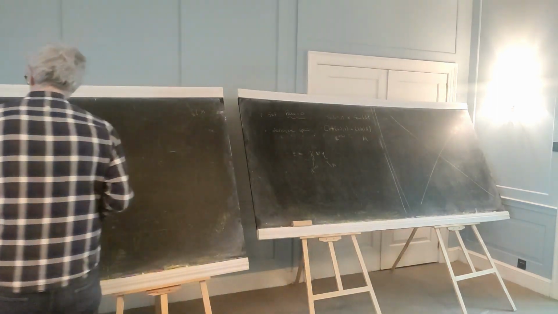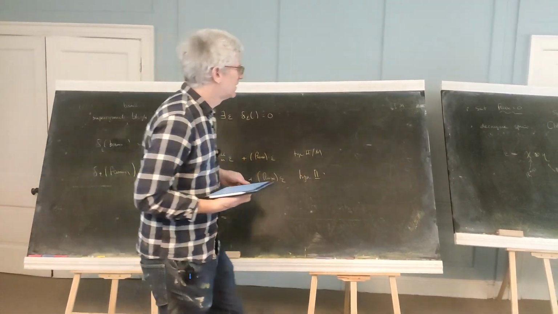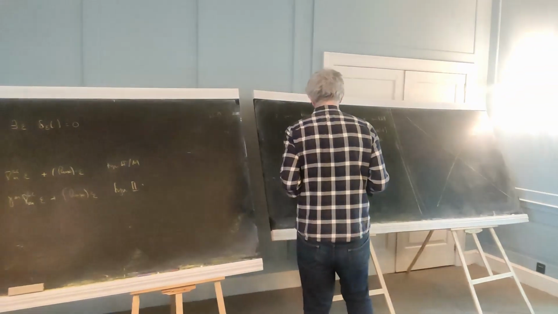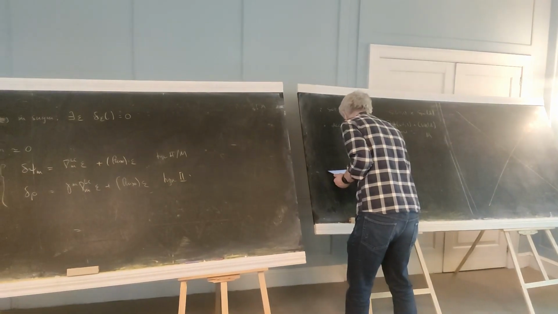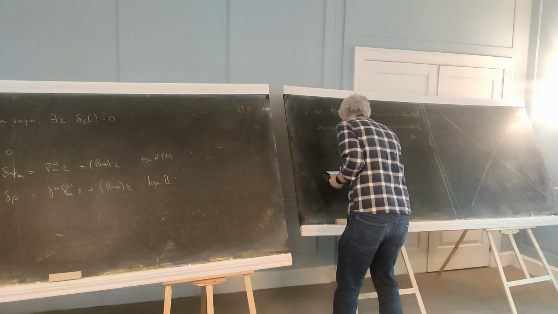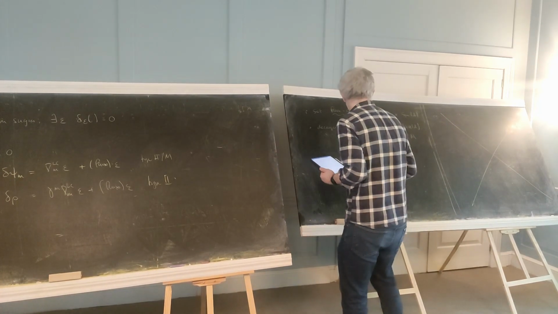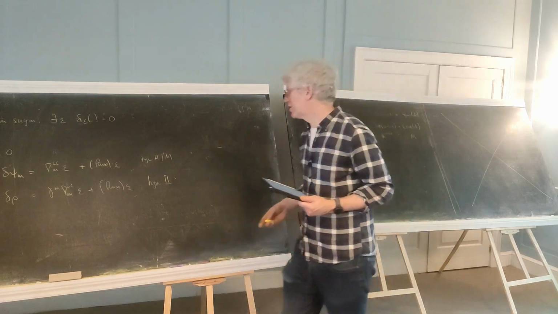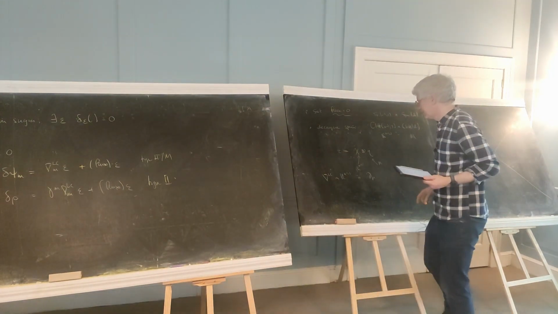And all we've got is the Levi-Civita. Now, the Levi-Civita on the flat space is trivial. It's just d mu, right? And that just tells you that this spinor has to be constant.